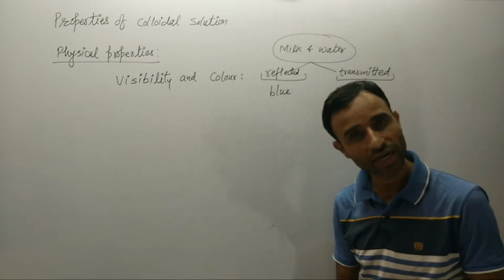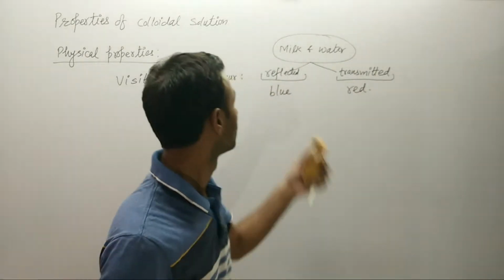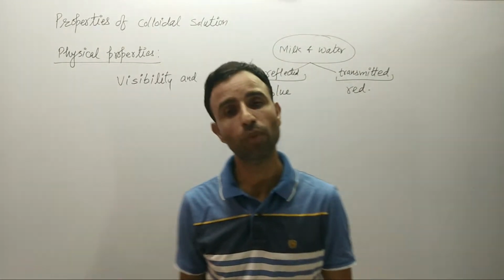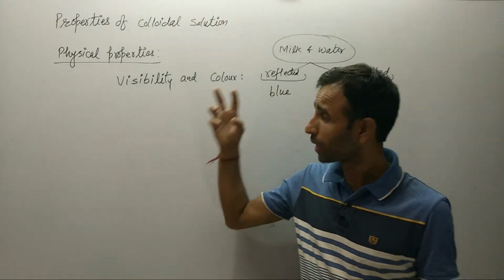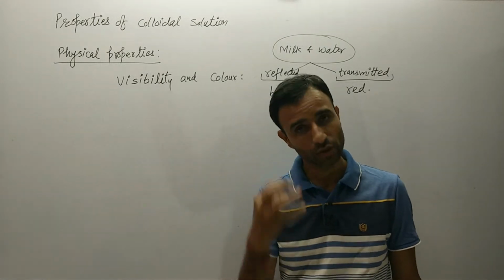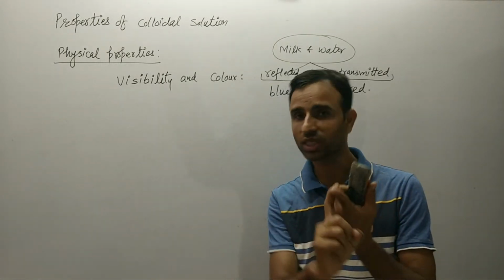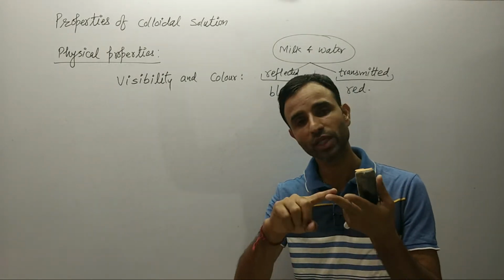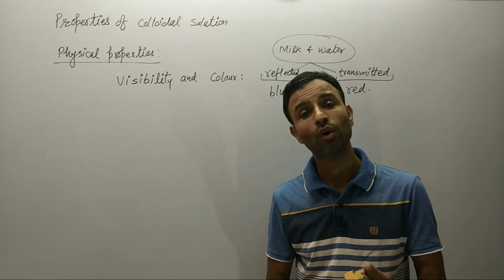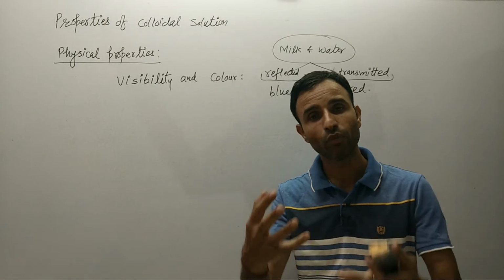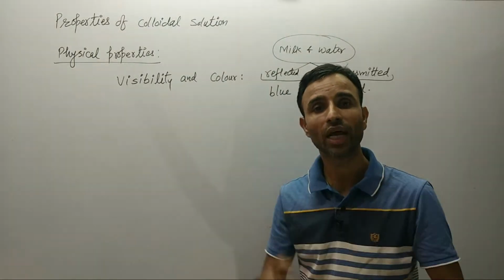So the color of the colloidal solution depends first upon the size, second upon the nature of the particle, and third on the way in which we are seeing the light.